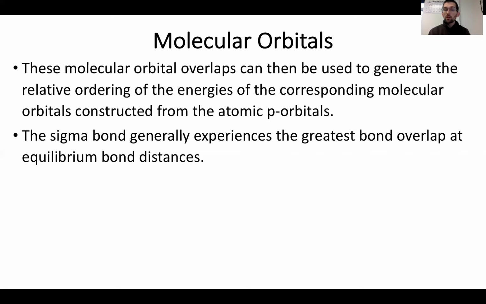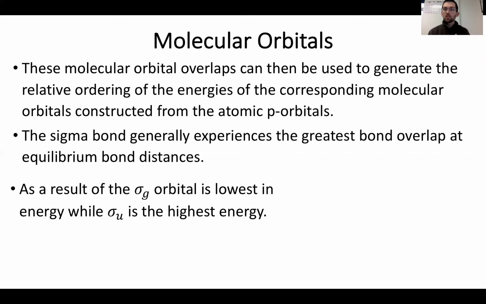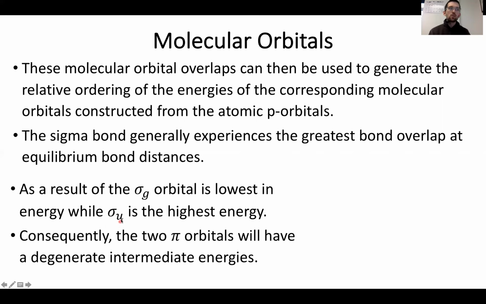The first of which is that my bonding orbital is going to be the lowest in energy, because high overlap means good bonds. But if something goes down, something else has to go up in the MO world, which means that if my bonding orbital goes down, my antibonding is going to go up at least as much, probably a little bit more. And so when we do this, while my bonding orbital is going to be low in energy, my antibonding is going to be really hard to get to.